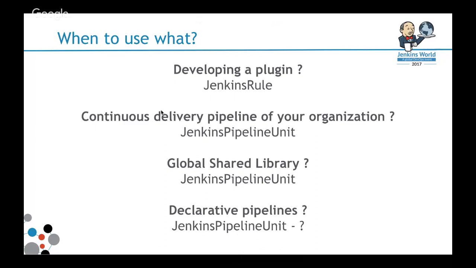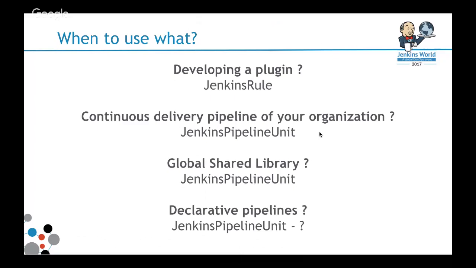If you're developing a plugin, you should use a Jenkins rule that is already provided by the Jenkins framework. It is a JUnit rule that, when you're using JUnit, you can wrap up; it spins up a Jenkins instance and installs your plugin, and you can test a pretty high fidelity execution of your plugin in a Jenkins instance.